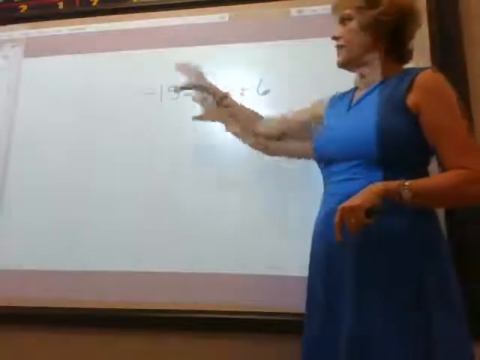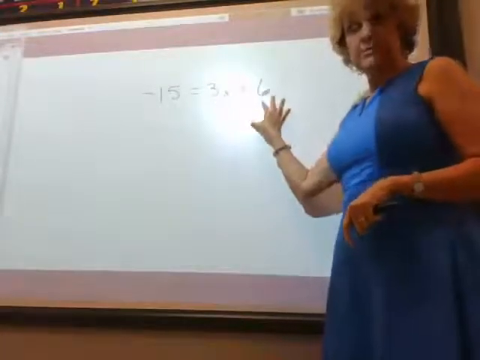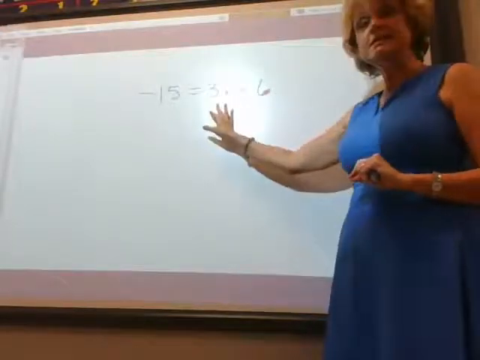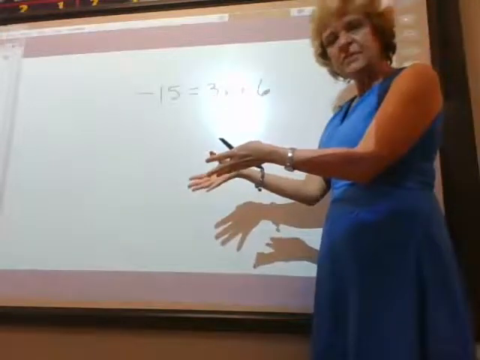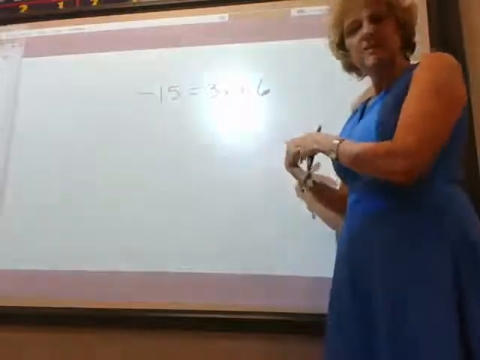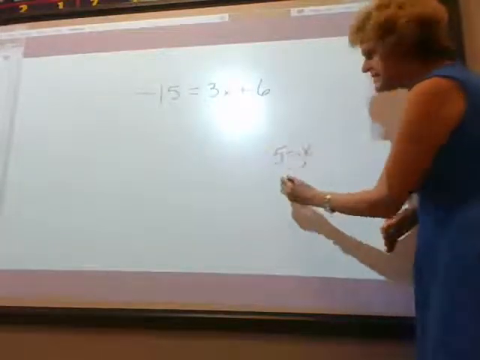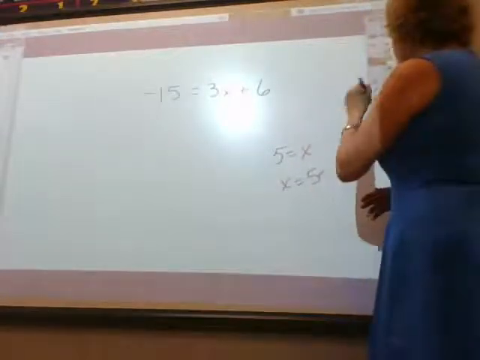I've got a plain number equals 3x plus a number. So what I want to do to solve for x is to isolate it, get it by itself. I like having it on the left side of the equal, but it's okay if it's on the right. I can get an answer 5 equals x. It's the same thing as x equals 5, isn't it? So it doesn't really matter.